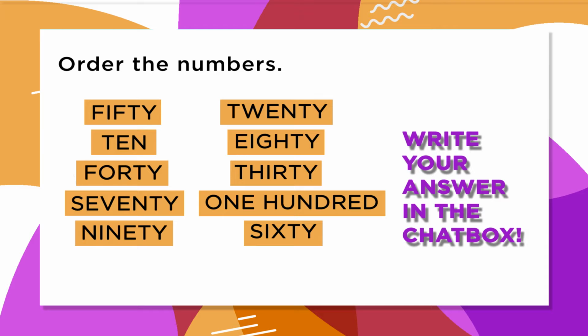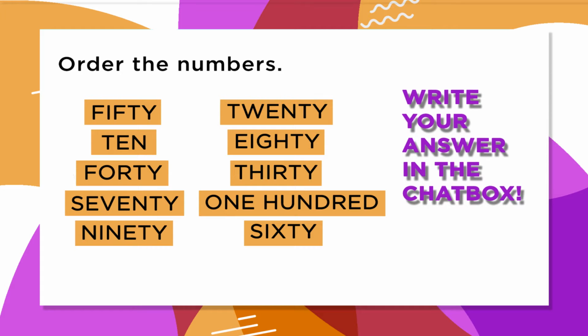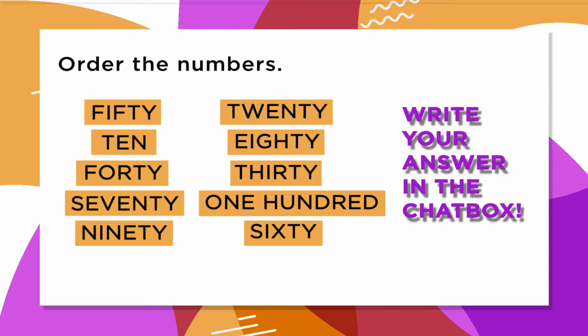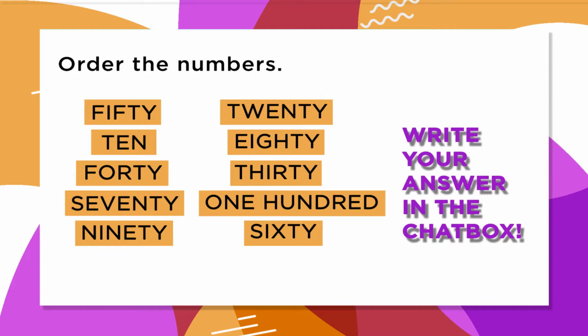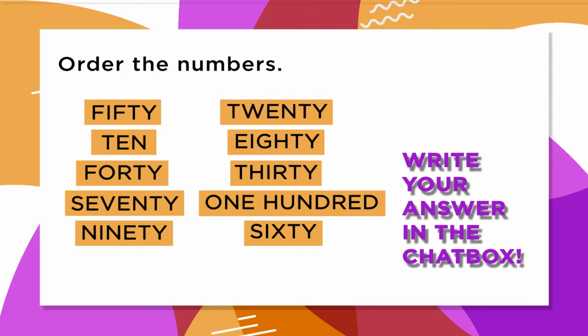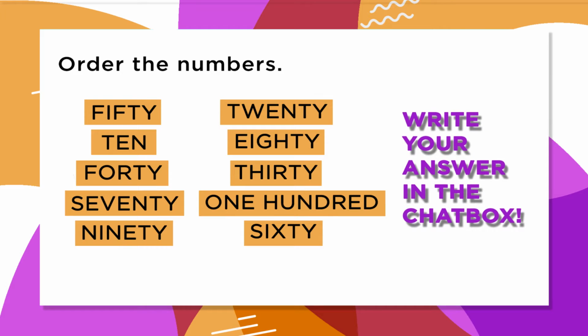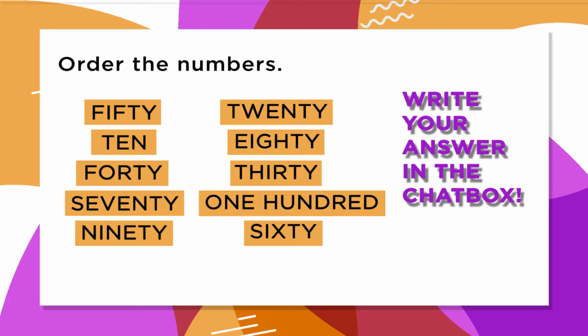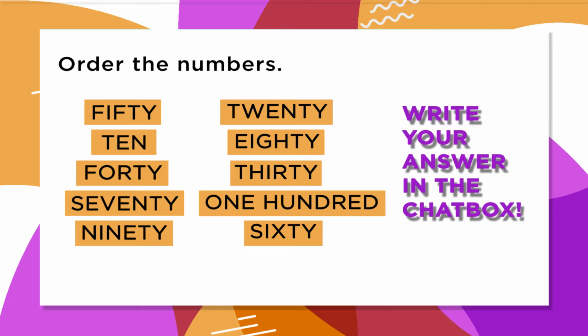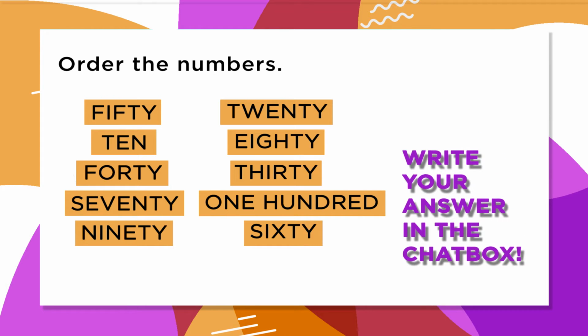Okay, so you can see 50, 10, 40, 70, 90, 20, okay? You have to put them in order. You have 2 minutes to do that, starting from now. So 10, 20, 30, and you have to continue.